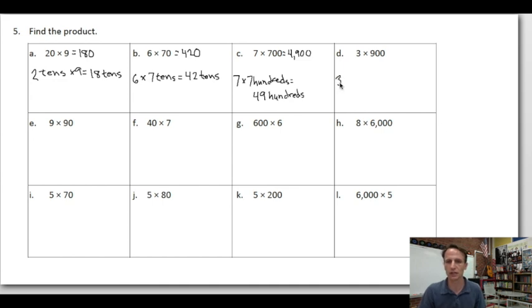So 3 times, in unit form, 900s. Okay, so how many hundreds would I then have? Just do 3 times 9, right? 27 hundreds.